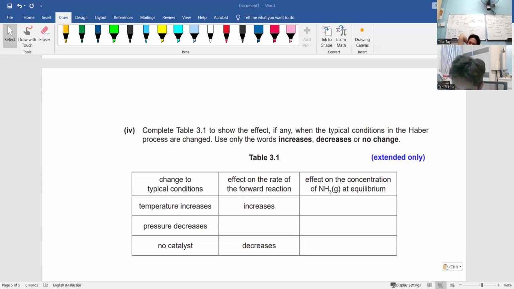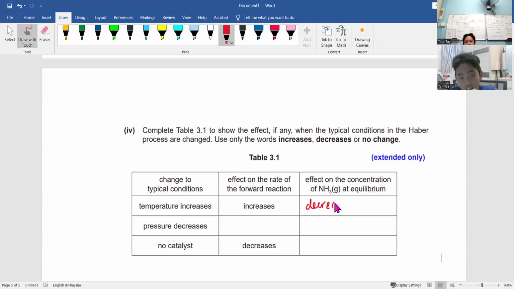Are you done? Okay. What's your answer? First one here is decrease. Wait, wait. Temperature increases. Okay. Pressure decrease, is it? Also decrease.